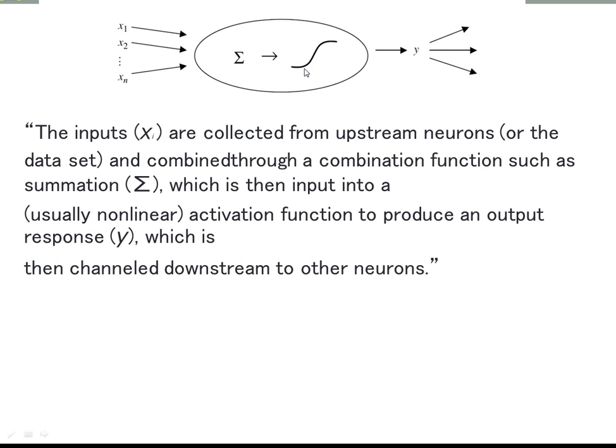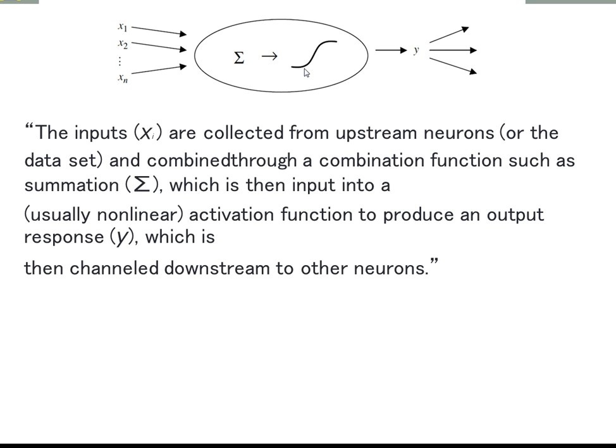The inputs, x sub i, are collected from upstream neurons, or the data set. In this case, not upstream neurons. The inputs are collected from the data set, and combined through a combination function. That's what happens in here somehow, and that's what we're going to study today.